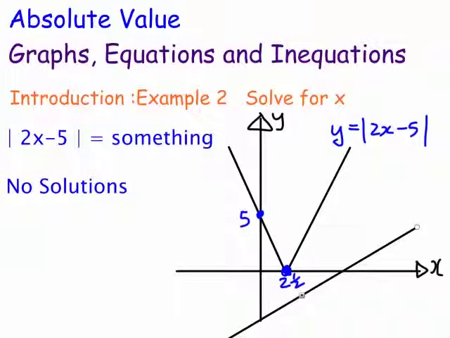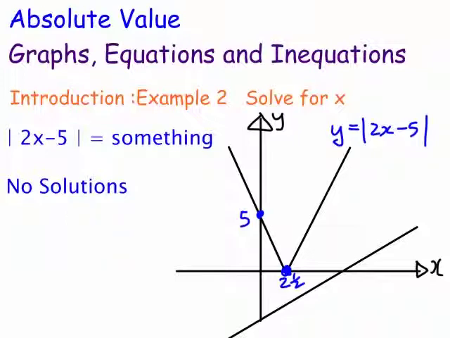Well, that would look like the absolute value of 2x minus 5 equals, say, x minus 2. So that would have no solutions. You can see that this idea of checking your solutions in absolute value equations is very, very important.